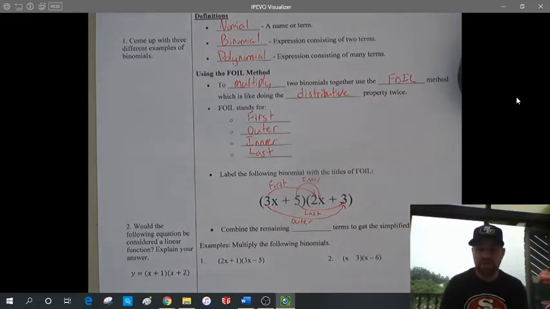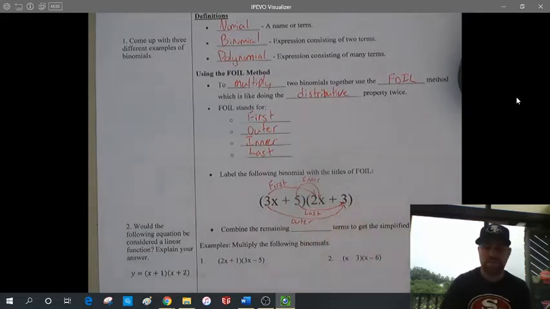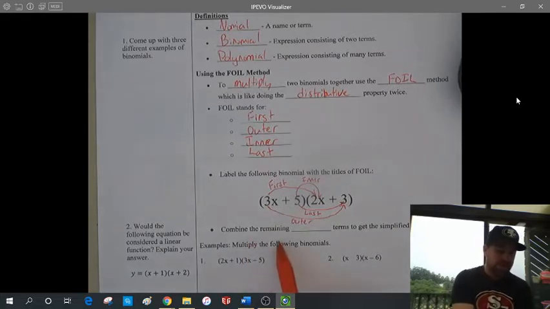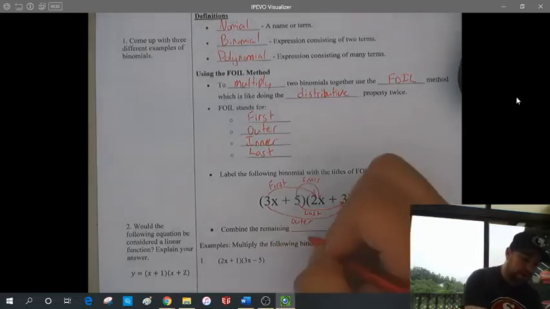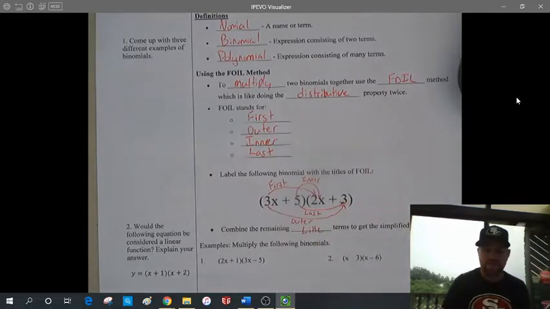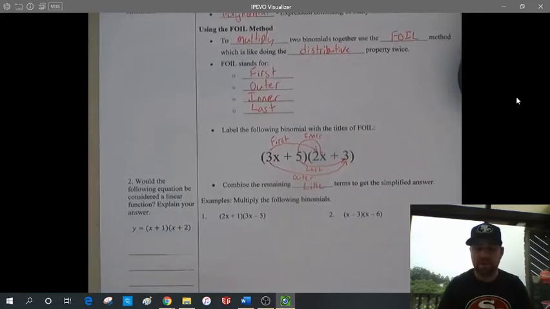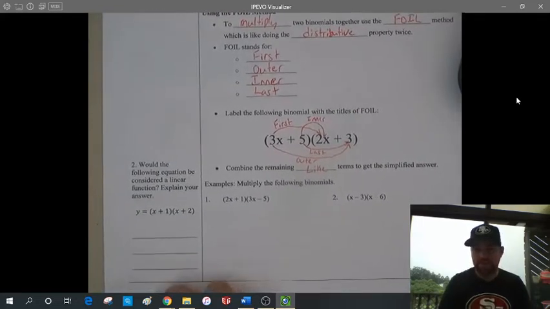So we get a set of arrows from each: 2 arrows from the 3x, 2 arrows from the 5, and each of these terms in the second binomial has 2 arrows going to it. Each of those shows multiplication. Then after we do the multiplication, we combine the remaining like terms to get a simplified answer. This is why yesterday I had you practice with the distributive property and combining like terms, because that's basically how we're going to multiply these together.